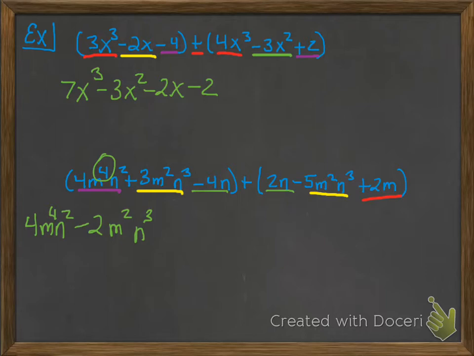Then I'm going to keep going with my m's, plus 2m. And then I'm going to collect my n's, so the green's right here, and that's -2n. So notice how I made it so that my m's were going down in value. So I kept this in terms of m's instead of n's.